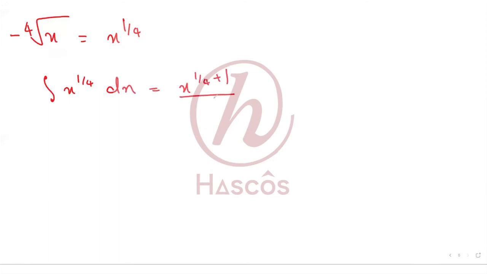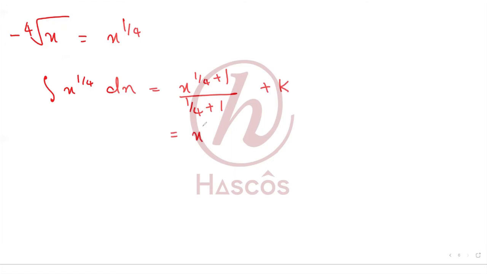Let's try another example. For example, we have the fourth root of x. We know that we can write this in the power form as x to the power 1 upon 4. When we start integrating, the integral of x to the power 1 upon 4 dx is equal to x to the power 1 upon 4 plus 1, upon 1 upon 4 plus 1, plus k.